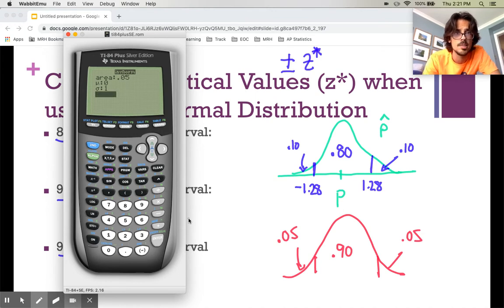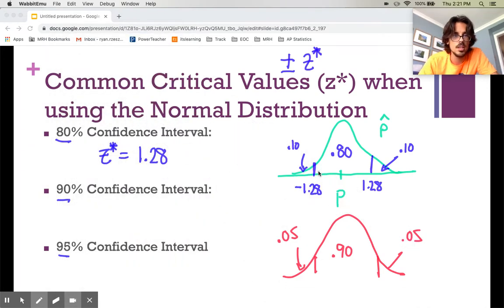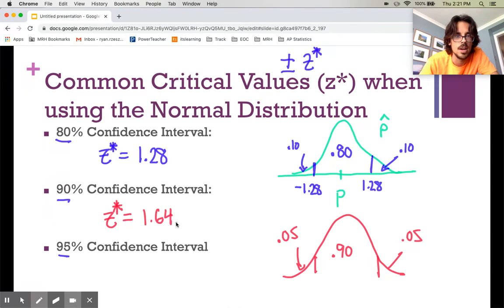It's like 1.645. And you will see negative 1.645 if you round it right there. Okay? So what I would do is I would write down, just drop the negative sign on it. You have z star equals, it's about 1.6. If you just did 1.64, that would be fine, but I'm going to go 1.645.